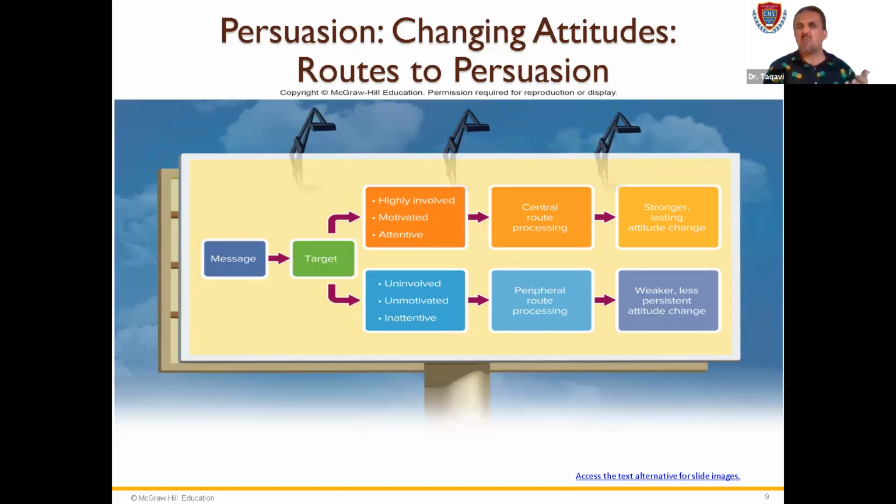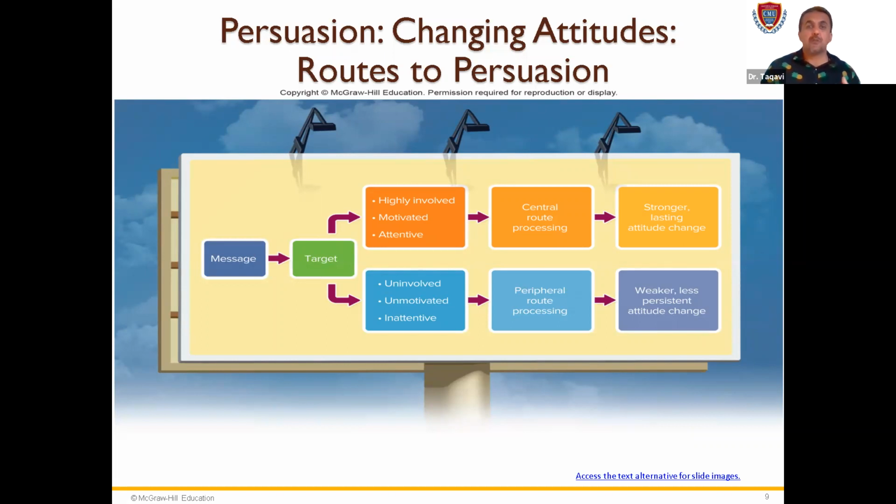If you are unmotivated, inattentive, uninvolved, the process of election will be so weak. Also, sometimes in political psychology, the political psychologist knows about the psychological processes underlying political decision making based on public voting, public elections, public views.